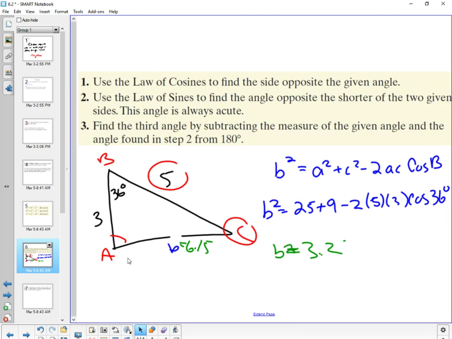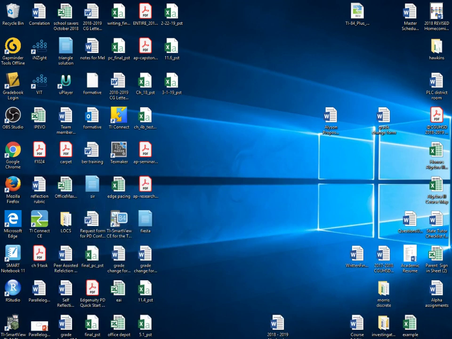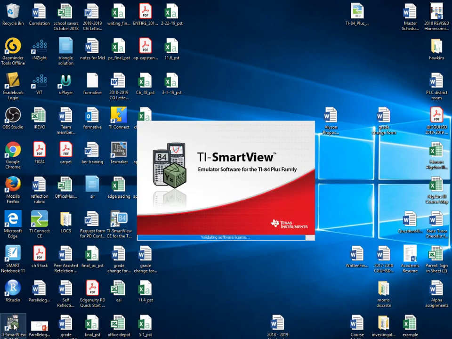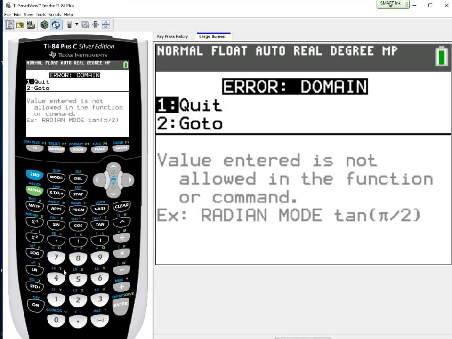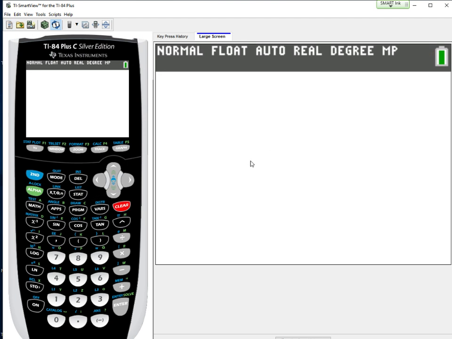So here, let's do this real quick. 18 times cosine of 36. Do 18. Here, I'll let you do it. So let's clear this. Are you guys in degree mode? We're in degrees. So we had 25 plus 9, take away 2 times parenthesis, 3 times 5, right? 15. 15 cosine 36.